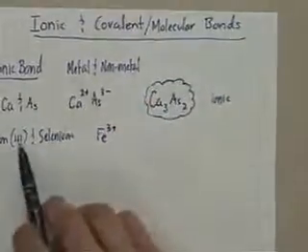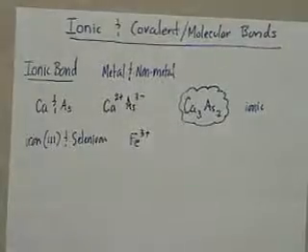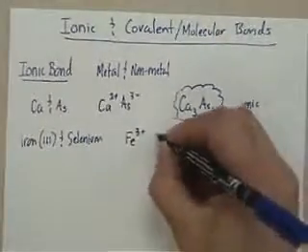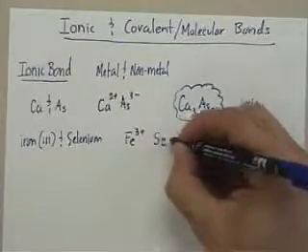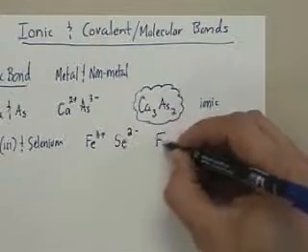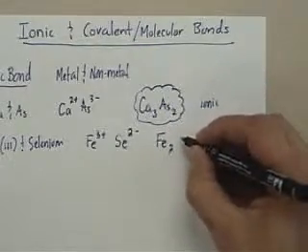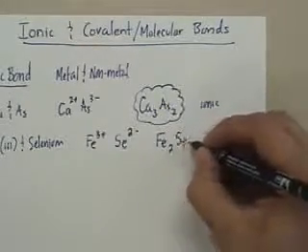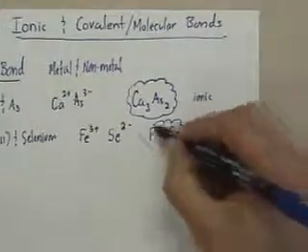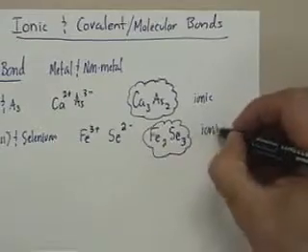It's 3 plus just because it's a stock number, 3 plus. Selenium you'd have to look up. I don't know what that is offhand. When I look it up, it ends up being Se 2 minus. They crisscross and you're left with Fe2Se3. Metal, non-metal, so it's ionic.